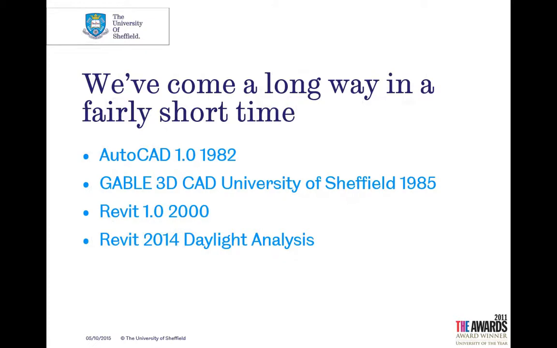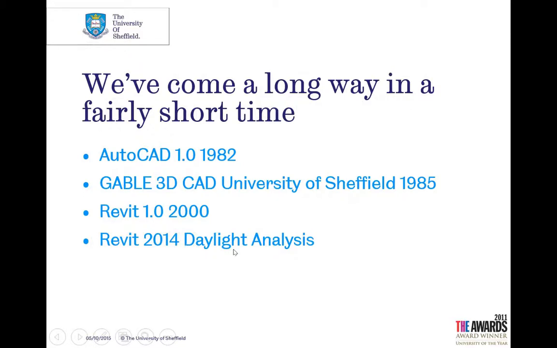Okay, almost finished. So we've come a long way. AutoCAD started in 1982. Here at the University of Sheffield, we actually developed the first 3D BIM software in 1985. Unfortunately, we were overtaken by Revit, and they are now the market leader. Revit started in 2000.